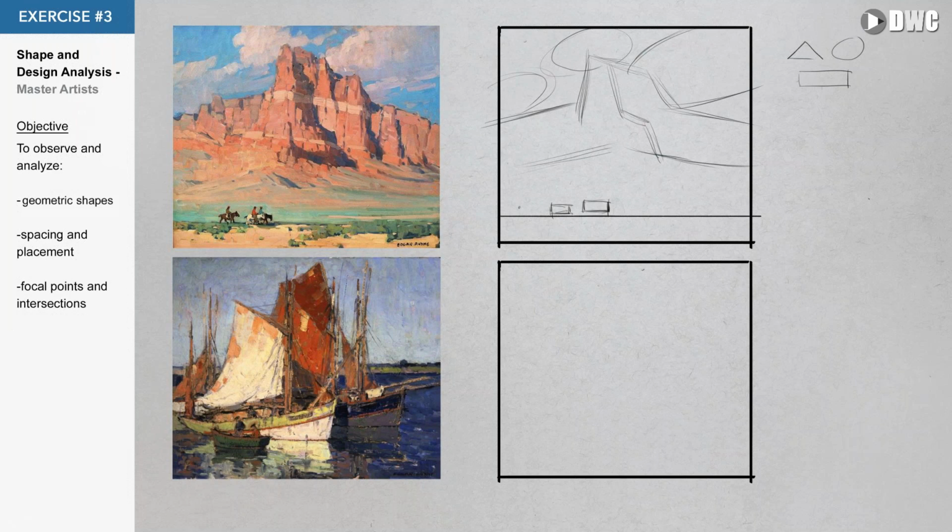And then in the ground, I'm looking at the green bushes and things, and just trying to really make it very geometric. That's exactly how Edgar Payne draws and designs. So this is why he's so great to learn from.